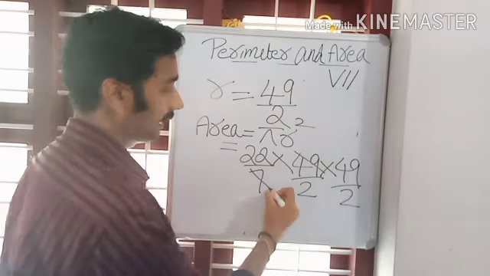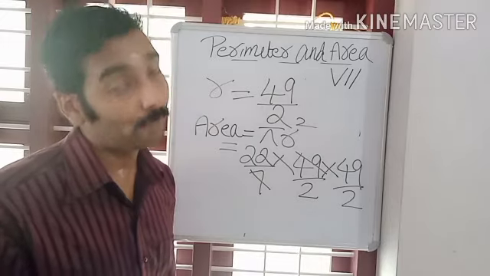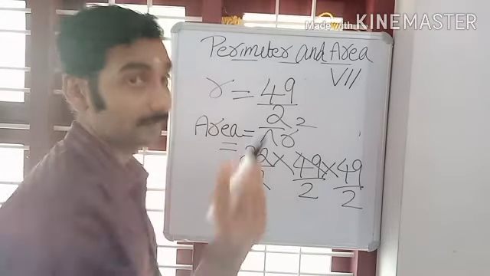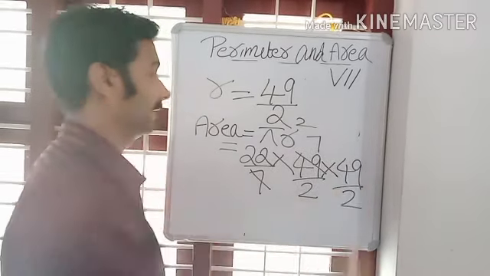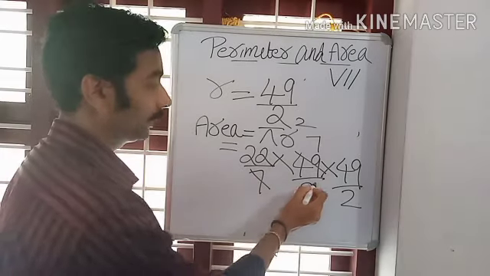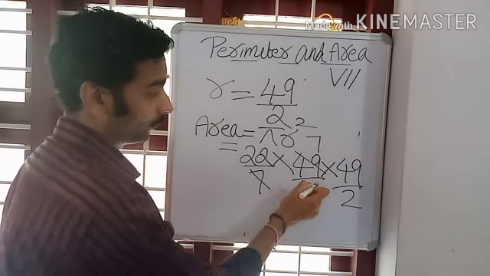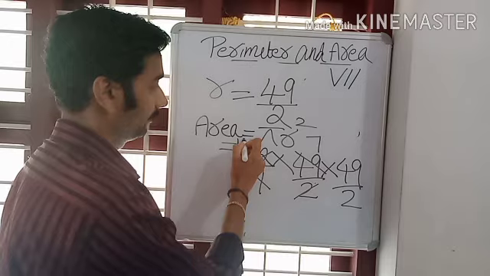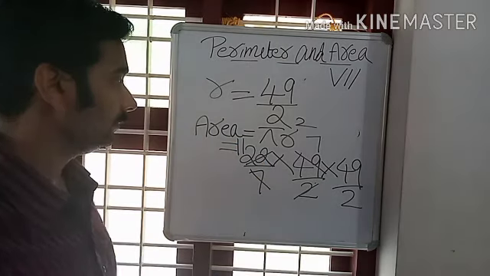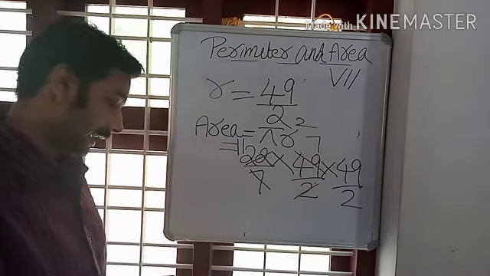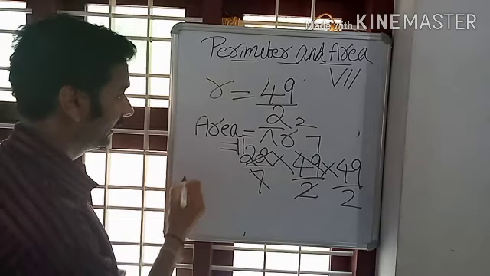49 divided by 7 is 7. Then this one is 22, and the denominator 2 cancels, giving 11. Then you find the area.